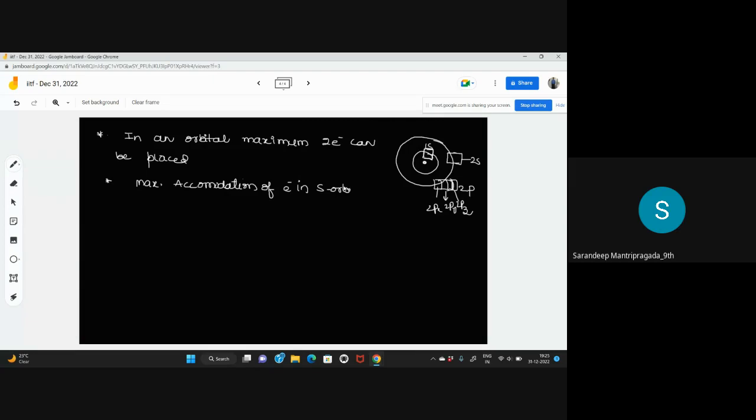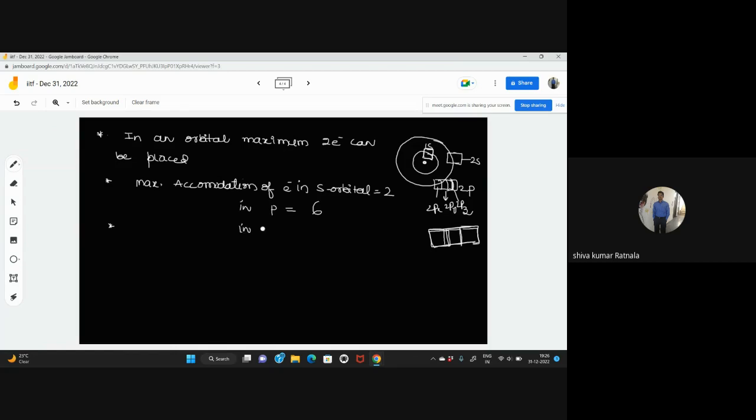And in p orbital, 6. We have 3 suborbitals in p, and each orbital can have 2 electrons. So in 3p, the total is 6 electrons, that is px2, py2, pz2.